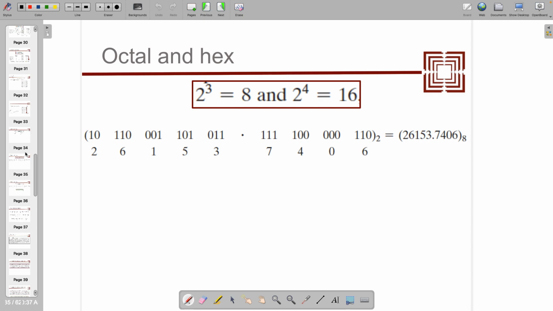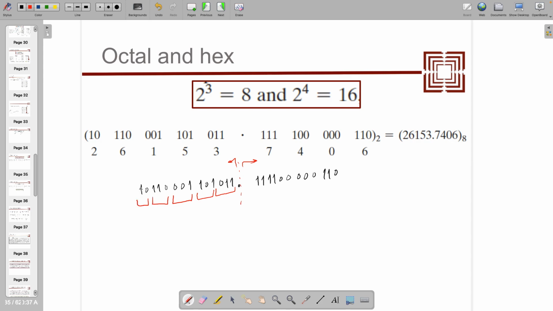Let's assume there is a number like this: 10110001101011 dot 111100000110. To convert that to octal, you have to make sure that starting from the decimal point, you go in both directions, this side and this side. Make groups of 3 from the least significant bit to the most significant bit.